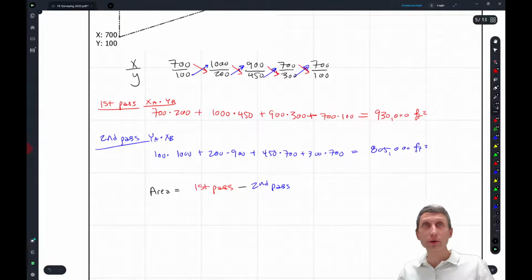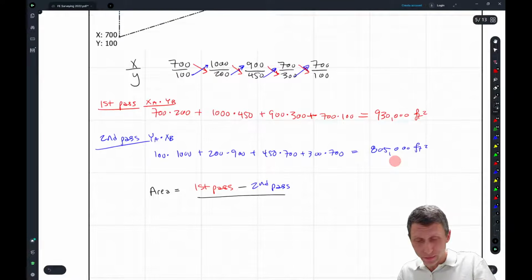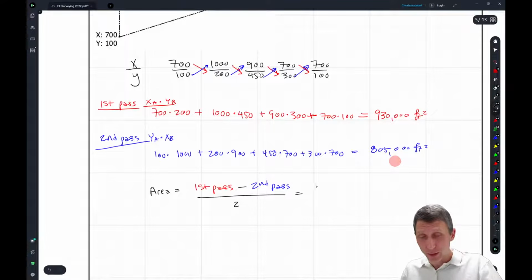And if we come back to our formula one more time, you see that it gets divided by 2. So we have to divide all of this by 2. So we get a value here of 930,000 minus 805,000 divided by 2, and this is going to be feet squared.